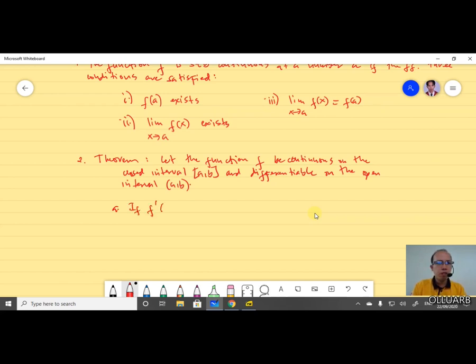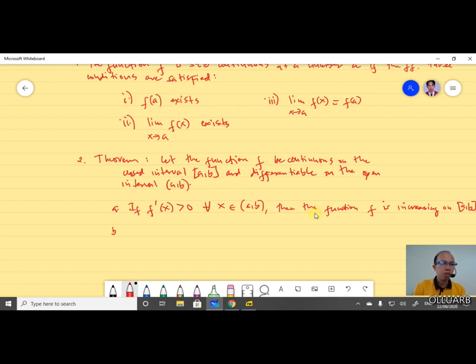If the derivative of the function is always greater than 0 for all x in the open interval (a, b), then the function f is increasing on the open interval (a, b).